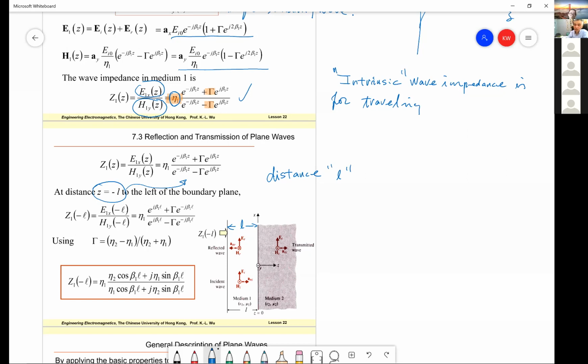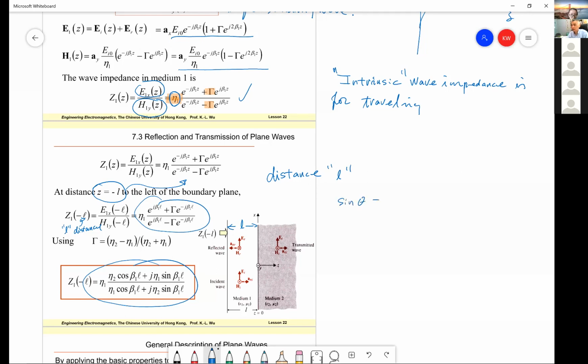Then we have a more general expression: the total wave impedance at L distance away from the interface. What is that? It equals this, or very simply equals this. So I don't need to repeat, right?